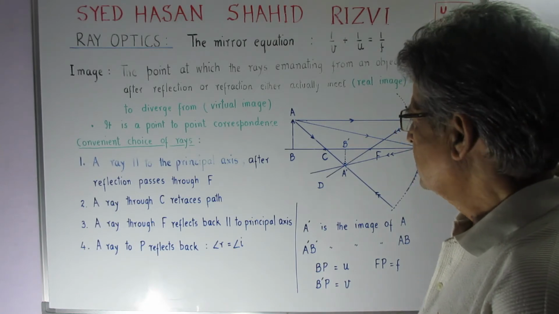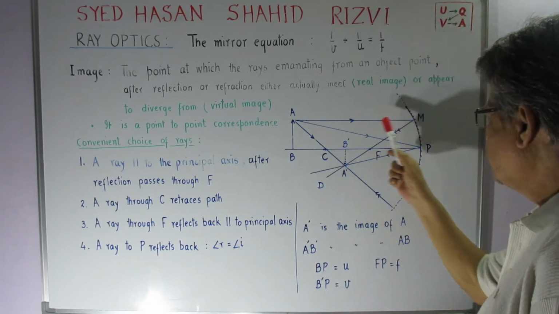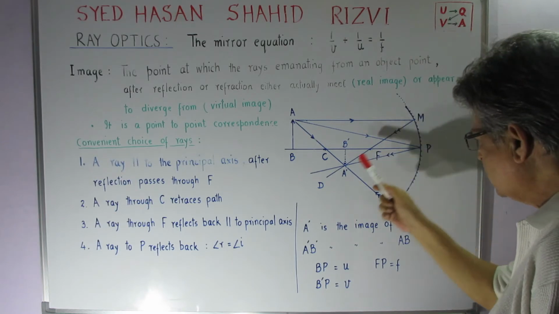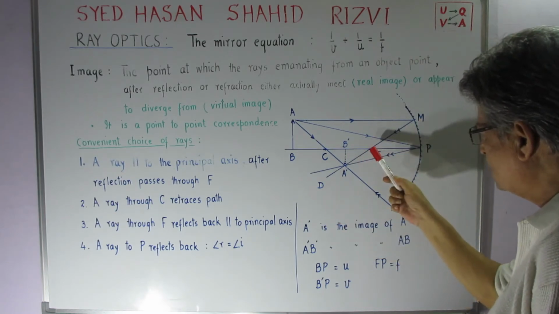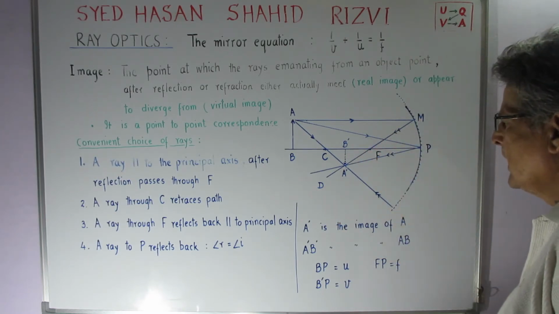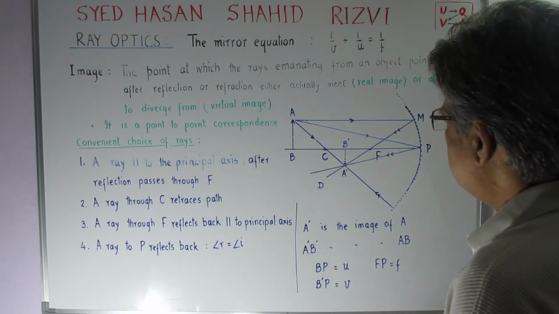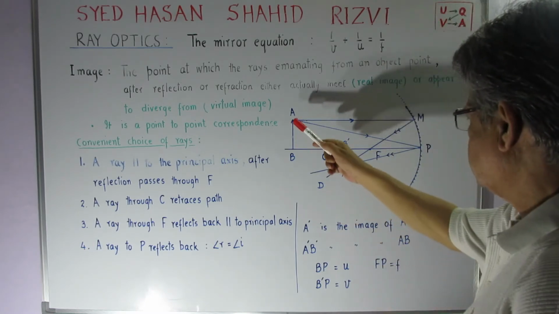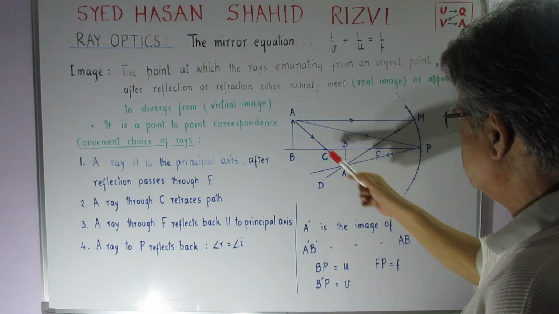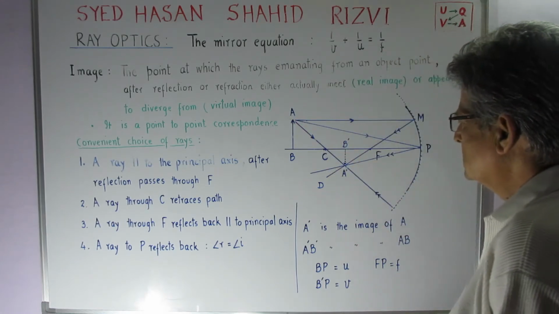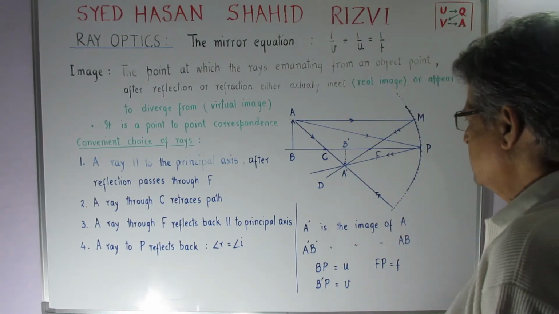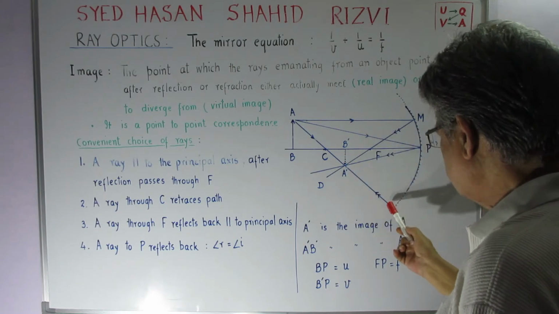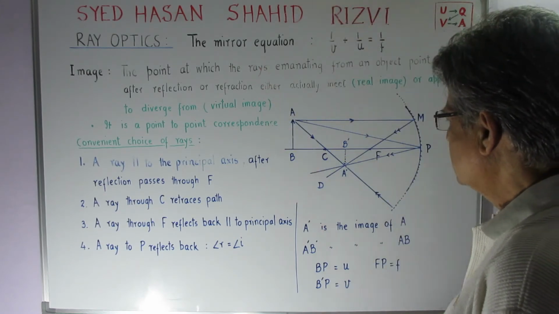Number one, a ray parallel to the principal axis, after reflection, passes through the focus. A ray through the center of curvature goes back and retraces the same path.